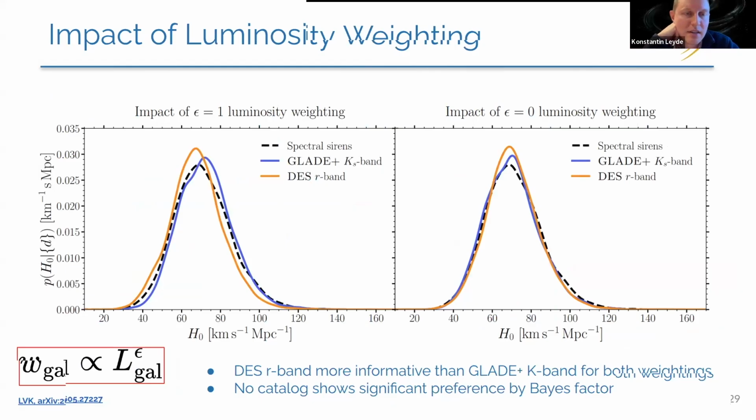On the left-hand side, you have the linear power, epsilon equals 1, and on the right-hand side, you have epsilon equals 0. There you basically neglect all information you have of the galaxy. It shifts slightly, but it's well within the 1 sigma. So although in principle it could matter, and it would probably matter in the future with more observations, at the moment this systematic seems to be quite small.